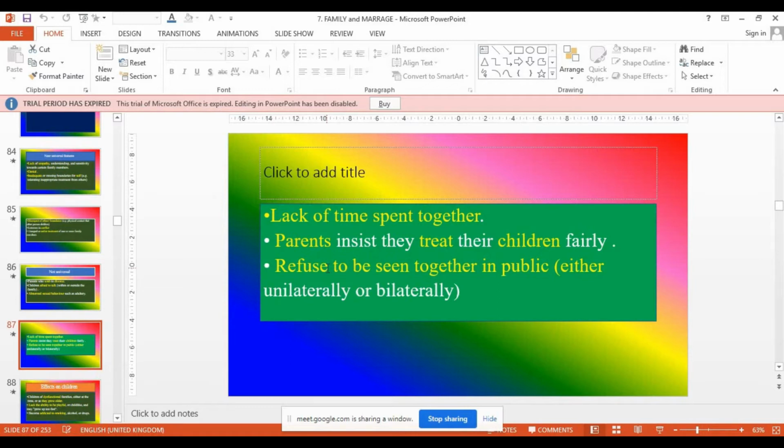Husband and wife would not like to be seen together in public places, for example at marriage functions or any other public event. The husband may refuse to bring his own wife, or the wife may refuse to go with her own husband. So this is another feature in some disorganized families.